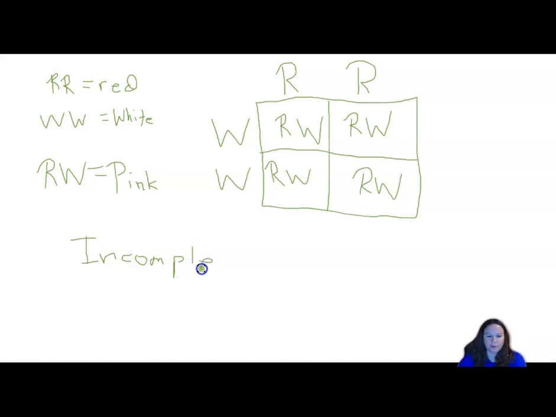I hope you are following along and writing some notes on how to do these problems, because you will be getting problems to do. Right, so this is incomplete dominance, and this is when you get a blend of the traits in your heterozygotes.